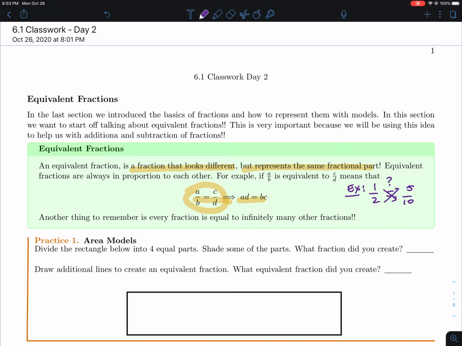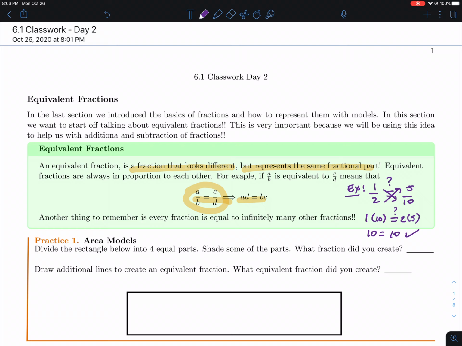Then I just cross multiply, so we get 1 times 10 supposedly equals 2 times 5. Now I see that 10 equals 10, so that's a true statement. That means that 1/2 and 5/10 are equivalent fractions in this case. So again, hang on to that. We're going to use it in a little bit, but it's a good way to think about it algebraically.